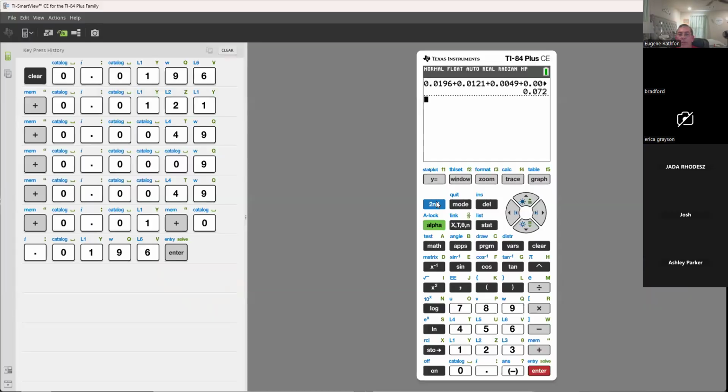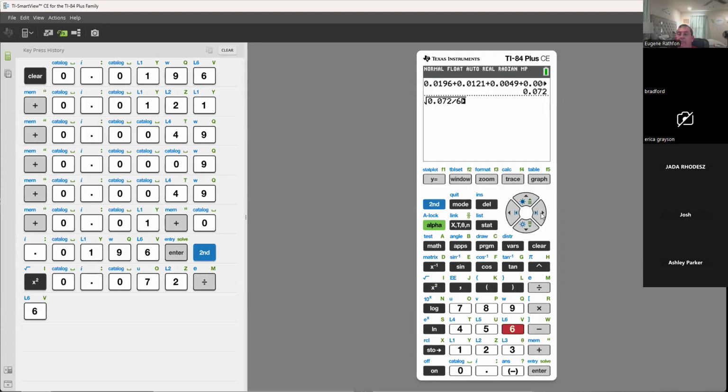So y'all, let's go run that through the calculator and see what we get. So I'm going to do the second x squared to get my square root. I had 0.072 divided by 6. All right, so we're going to hit enter and get our standard deviation. And y'all remember, we're rounding to 2 decimal places.